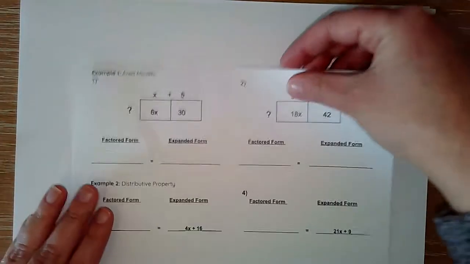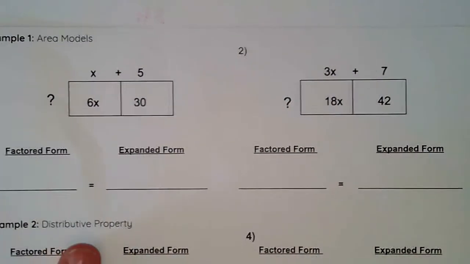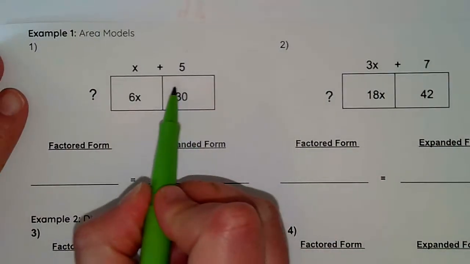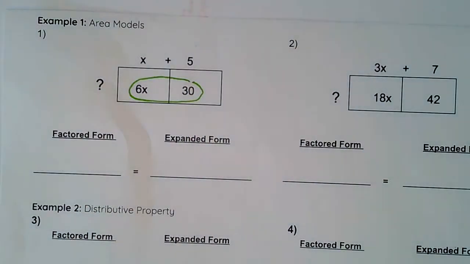We'll start with a couple of area model examples. I look here at my inside and I say, okay, what do those two have in common? What factors do they both have? I could make a list if I wanted.